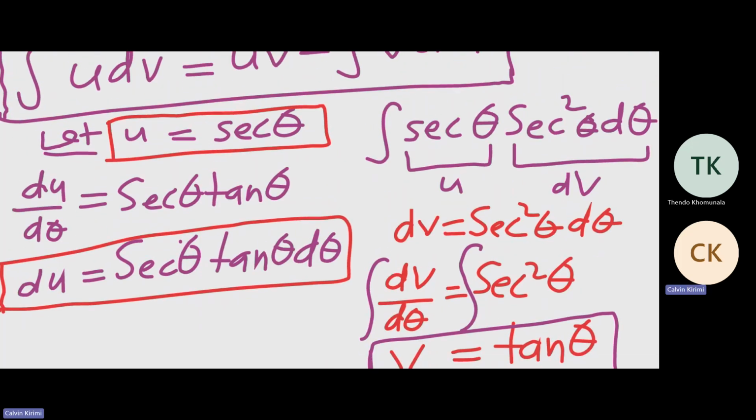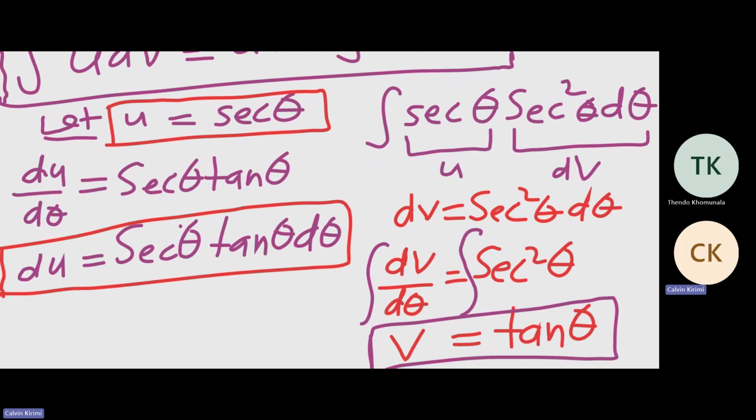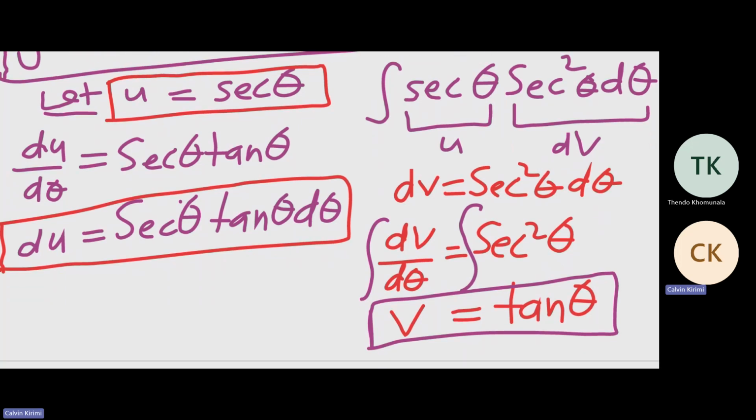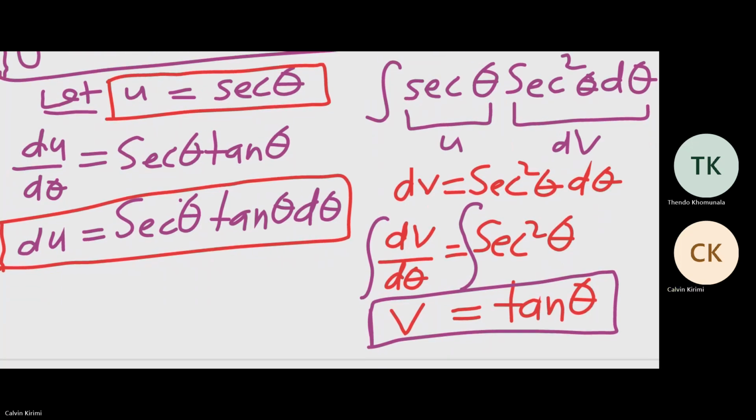What about dv? dv is secant squared theta d theta, meaning dv d theta is secant squared theta. What did we differentiate with respect to theta? We differentiated tan theta, which gives secant squared theta.